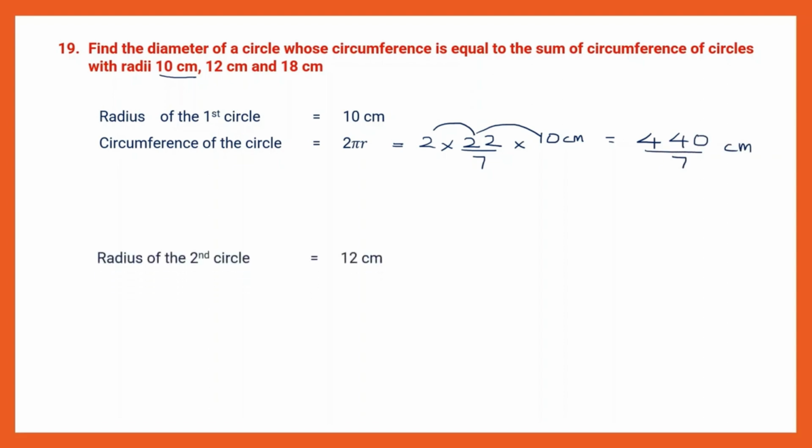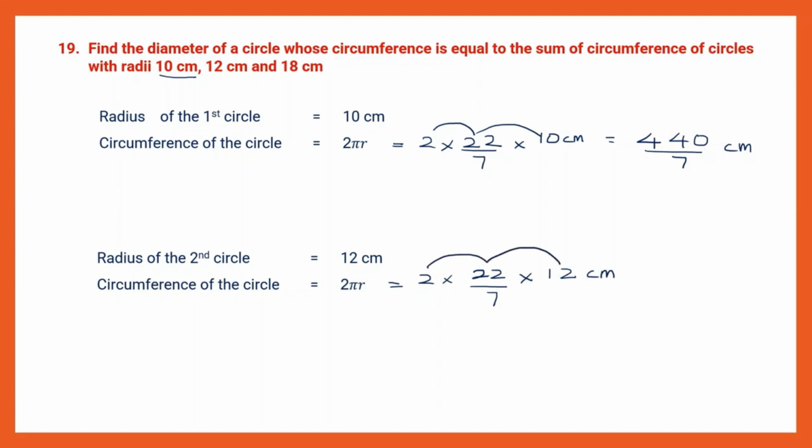Now radius of the second circle is 12 centimeters. Let's find the circumference of this. Again using the formula 2 pi r, which is 2 into 22 by 7 into radius, which is 12 centimeters. So here let's multiply the numerators. 2 into 22 is 44. 44 into 12. 2 fours are 8. 2 fours are 8.